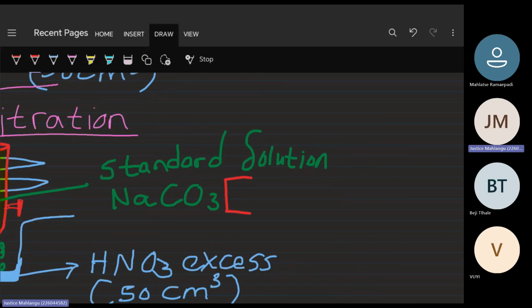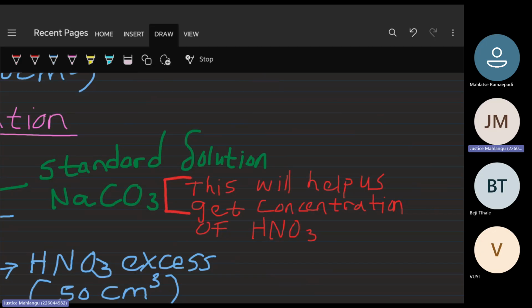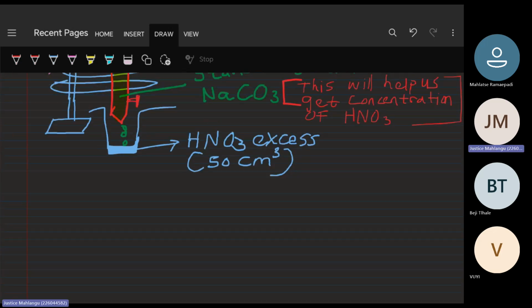This here, this standard solution, guys, will help us get the concentration of HNO3, because we don't know its concentration. It will help us get that concentration. This standard solution. Okay, so I think that was a very important thing to highlight.